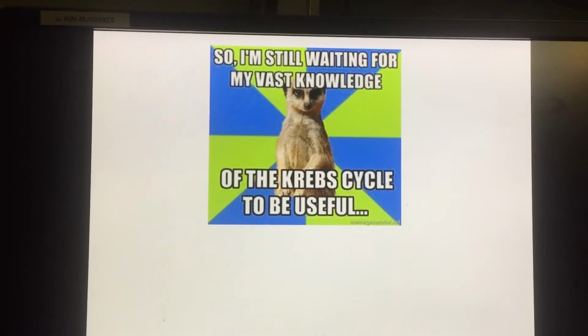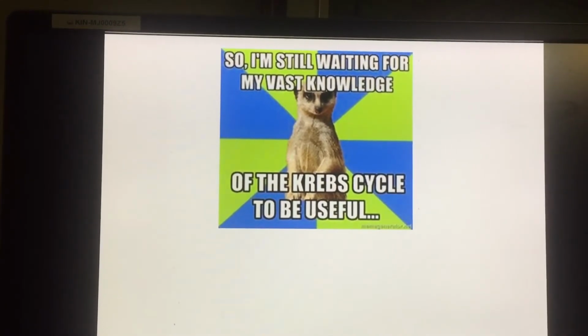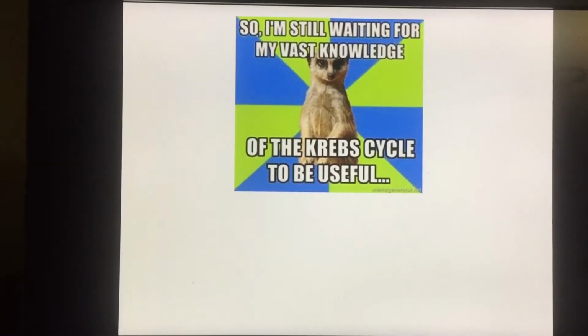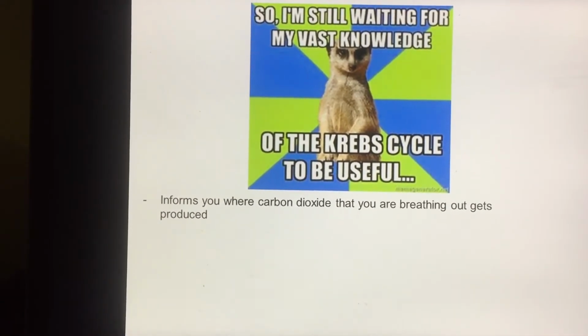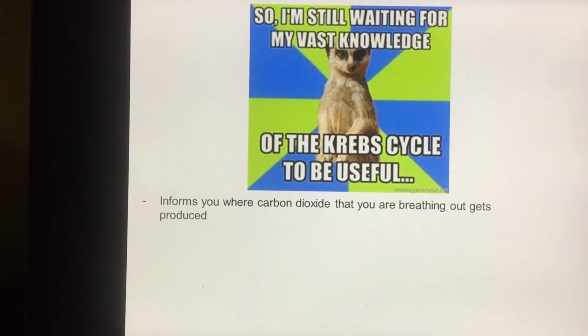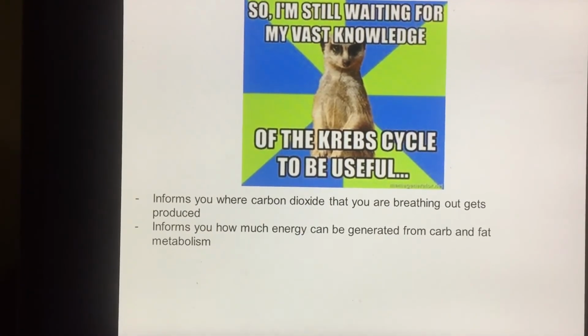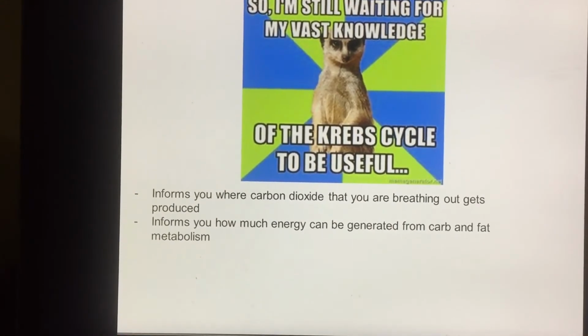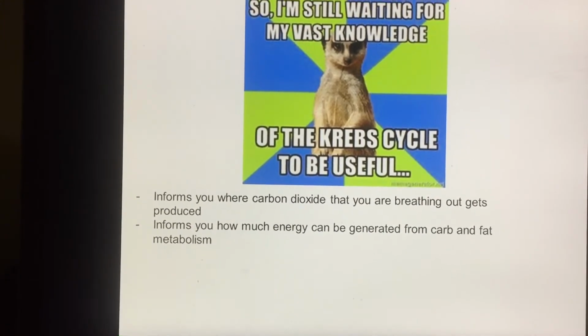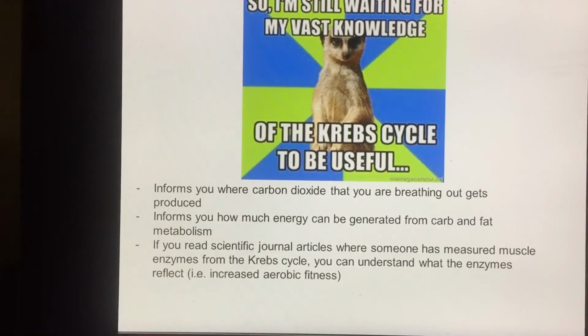So this is kind of like a meme here about why the Krebs cycle might be useful to know. It informs you where carbon dioxide is produced that you are breathing out during exercise. It informs you how much energy can be generated from carbohydrate and fat metabolism, so how many ATPs you can produce.